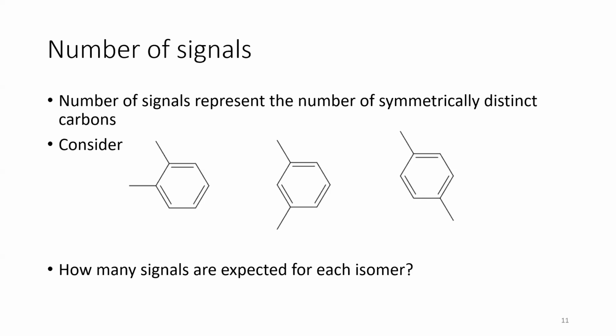Carbon NMR is really good for that because just looking at the aromatic carbons, you're going to get a different number of signals depending on where things are substituted. Anytime your two substitutions are next to each other, you're going to get a different pattern of peaks in the aromatic region than if they're one apart from each other or opposite from each other.